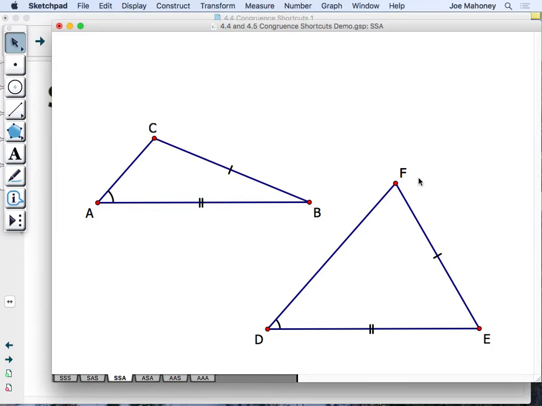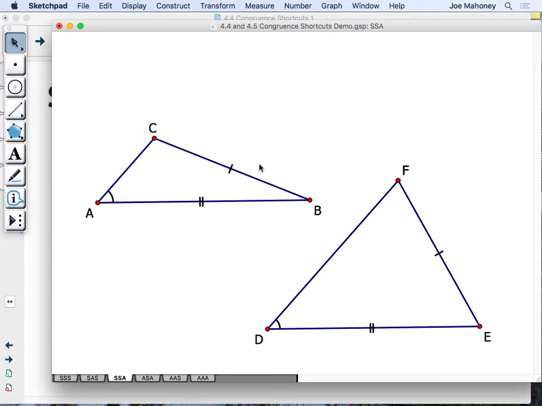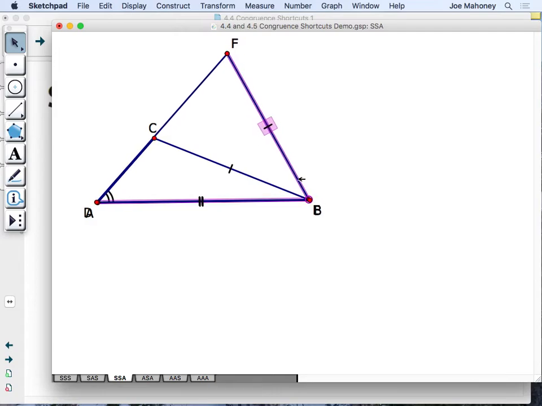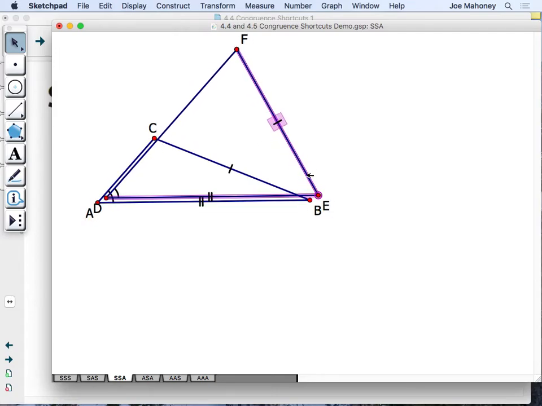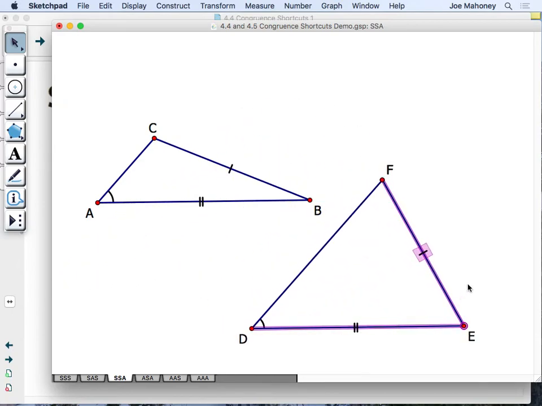So if you notice in these two triangles, I've still made a side-side angle relationship. If I drag this triangle here, notice that those two sides are still the same. The angles are still the same measure. And side EF and side BC are the same length.